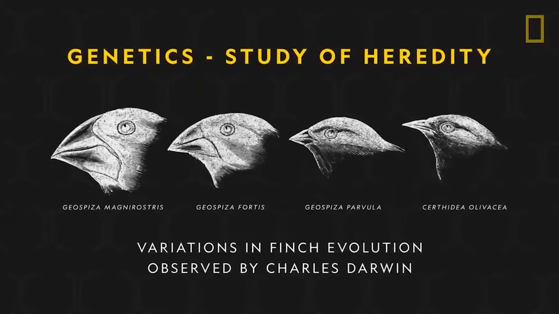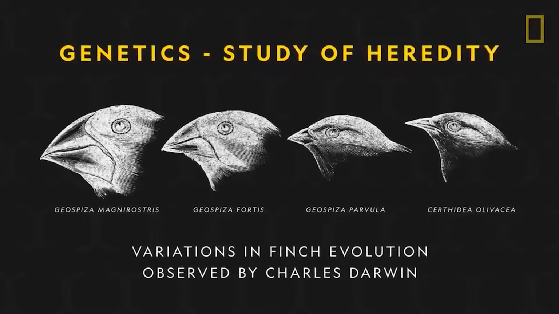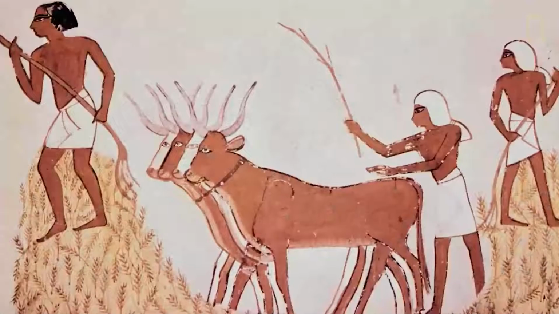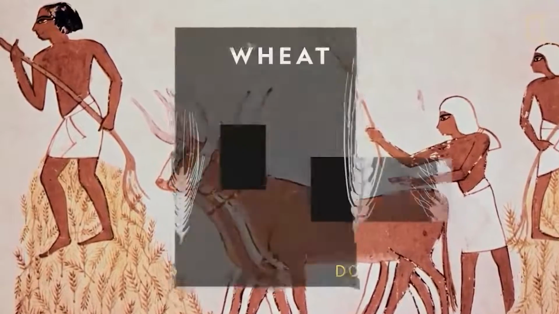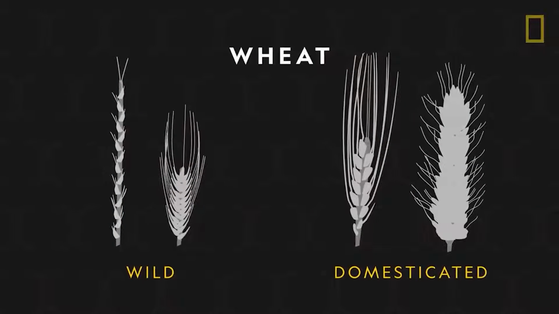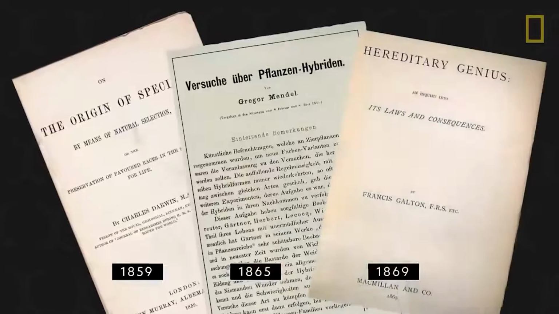Genetics is the study of heredity, the expression of traits and how they are passed from generation to generation. The science behind inheritance was understood in the mid-19th century, around 1865.